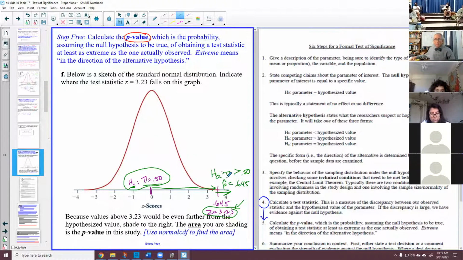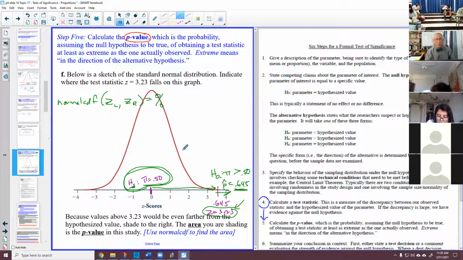Okay, so Kathy, what tool am I going to use to calculate the probability that I would get 0.645 or greater if the actual population parameter was my null hypothesis of 0.50? You would use normal CDF. That's exactly right. Because in normal CDF, my input is a z-score on the left and a z-score on the right, and that gives me a percentage.